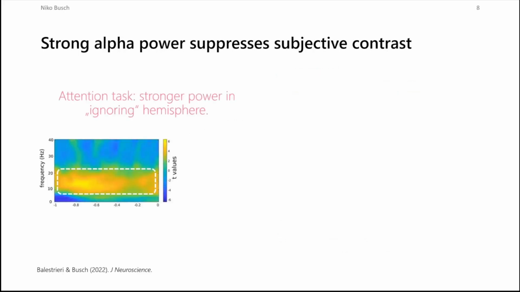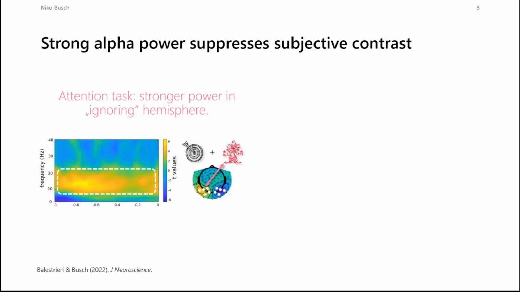So in that attention task, when we tell subjects, hey, pay attention over there, we find this strong effect in the alpha band. So the yellow blob here, that's lateralization, the difference between the ipsilateral and the contralateral hemisphere. And what this basically means is that if your target location is, say, on the left, and the right, that's not relevant, that's a distractor, don't pay attention there.